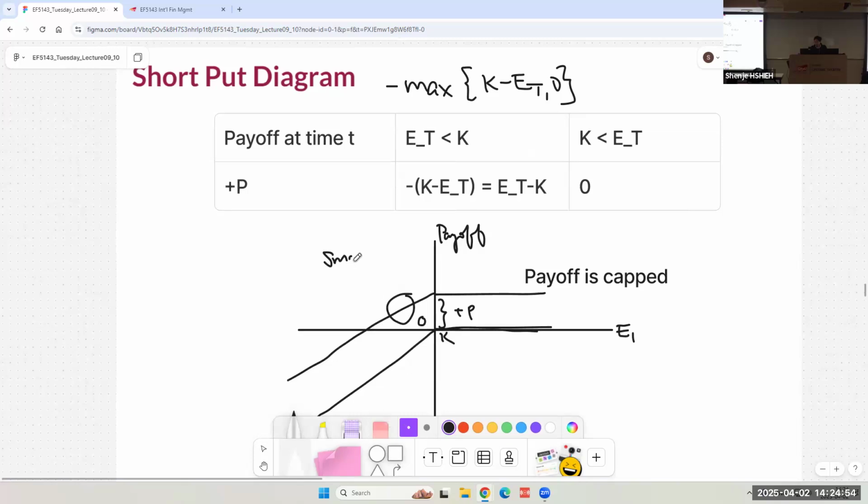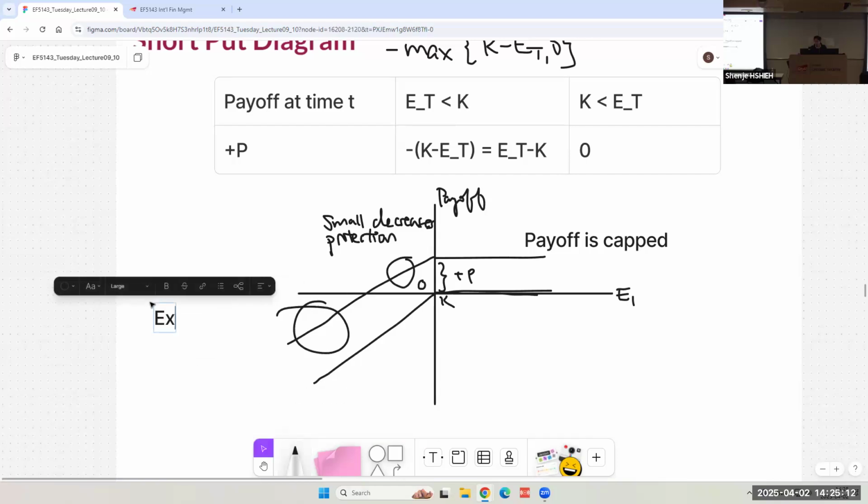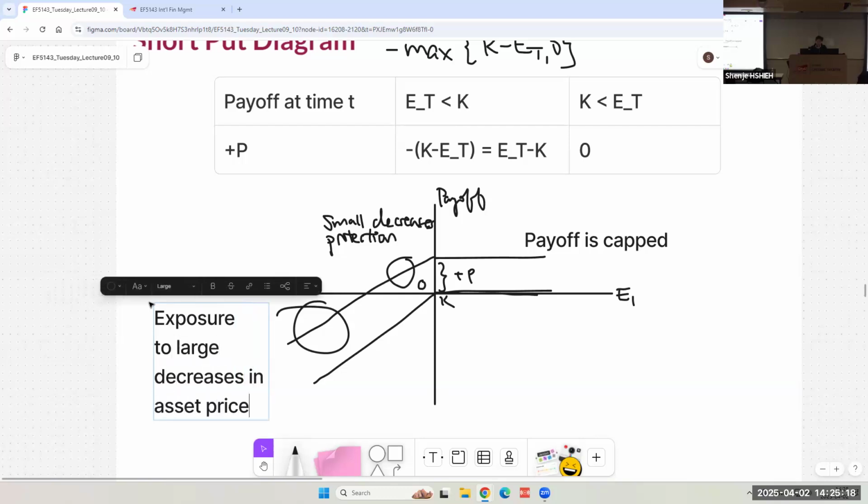Small increases, small decreases, protection. All right, protection. But then you're still screwed for this side. So exposure to large decreases in asset price.